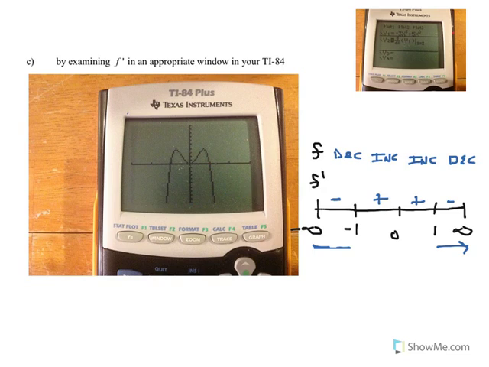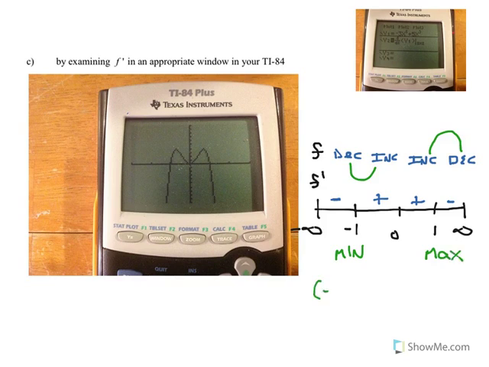So if something is going down and then starts to go back up, then that must be making a min. So it's going to be making a min right here. And then if something is going up and then changes direction and starts going back down, then that must be making a max right here.